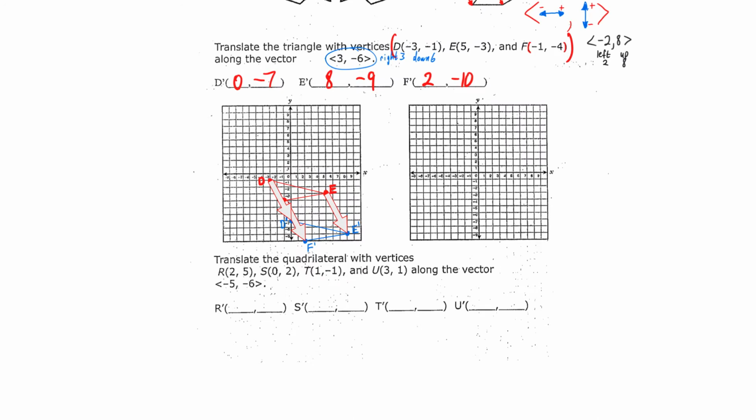Alrighty. So now go ahead and plot these 4 points, R, S, T, and U, on that second grid.